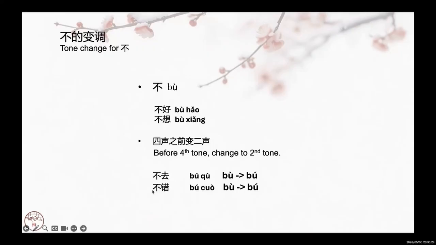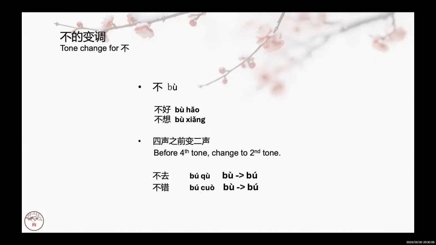So for the second example, 不错 means not bad. 不 means not, right? 错 means bad, wrong, so not bad. If we pronounce it in the normal way, it should be 不错. But I would say it costs us too much energy to pronounce it, right? We always want life to be easy, right?